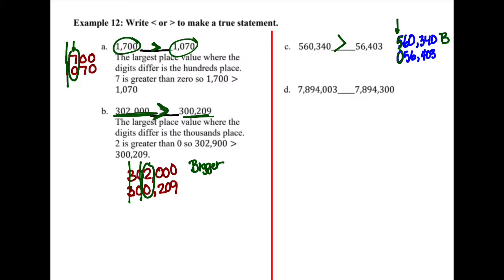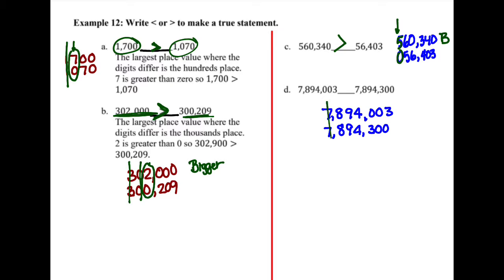All right, down here on the bottom, I'm not going to be able to fit it off to the side, so I'm going to do it underneath. And 003, lining up the commas, we have 7,894,300.